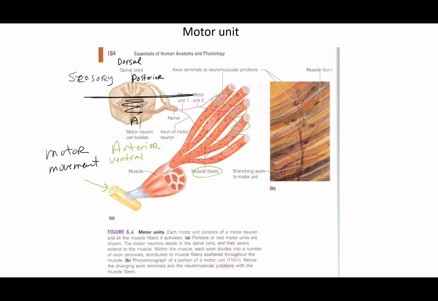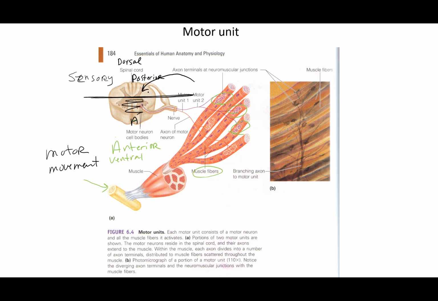Okay. Now we'll get into more of that when we get into the nervous system, but for now, as a very simple version, the anterior part of your spinal cord is responsible for motor. So the wires that come out are motor wires, motor nerves, motor neurons. And the wires that go into the posterior part of the spinal cord, that's sensory.